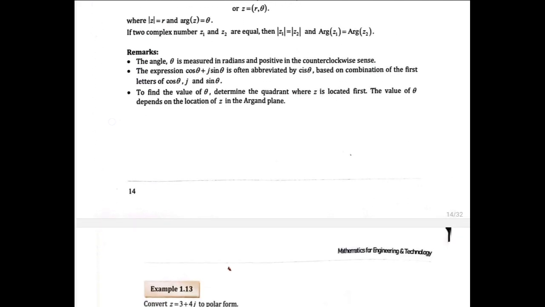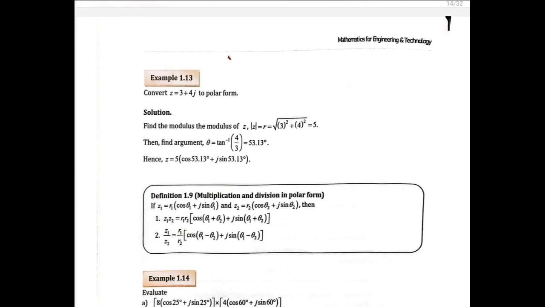Let's try example 1.13 together. First, find the modulus. So the modulus is the square root of 3 squared plus 4 squared, which is equal to 5. Next, find the argument.